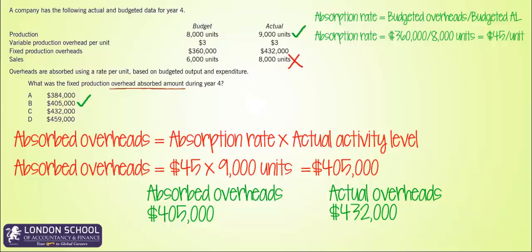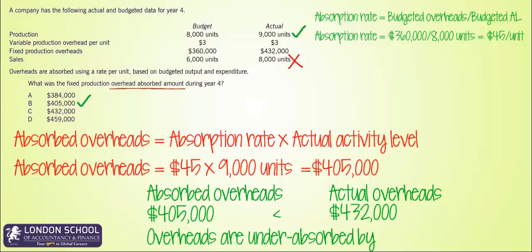So we can clearly see that our absorbed overheads are less than actual overheads. So in that case, we call it under absorption of overheads. The overheads are under absorbed by $27,000.